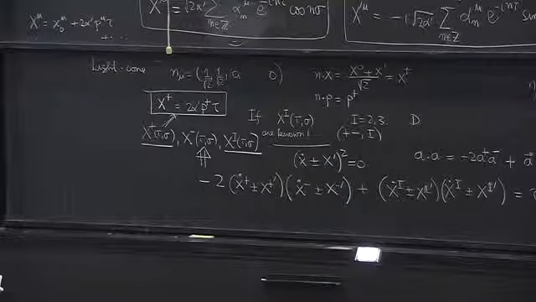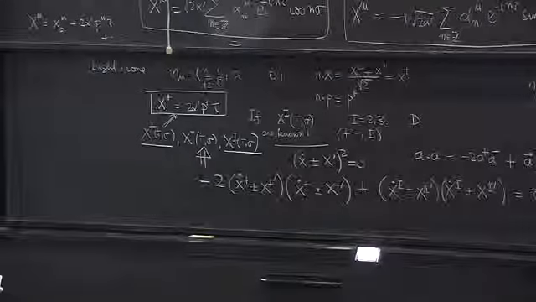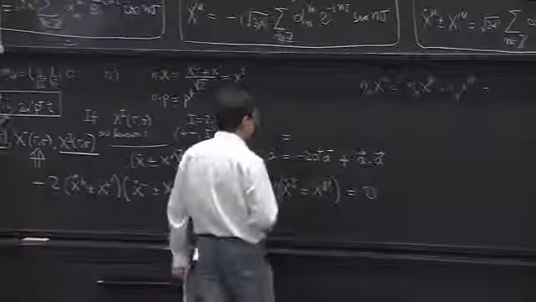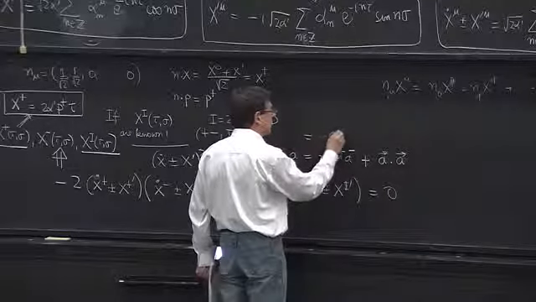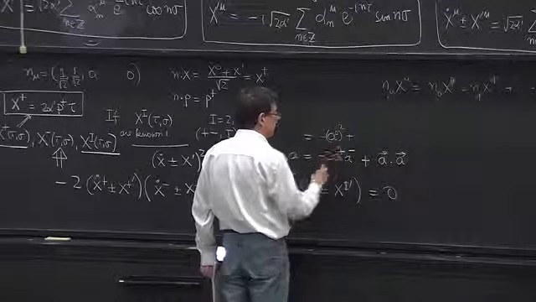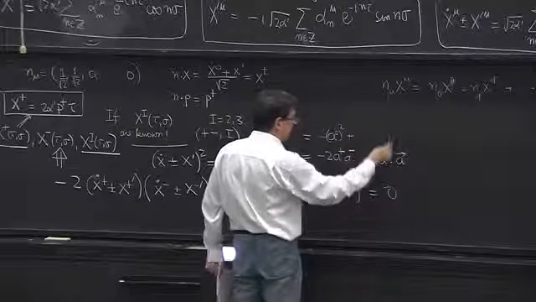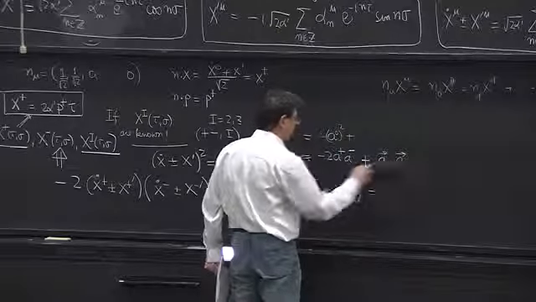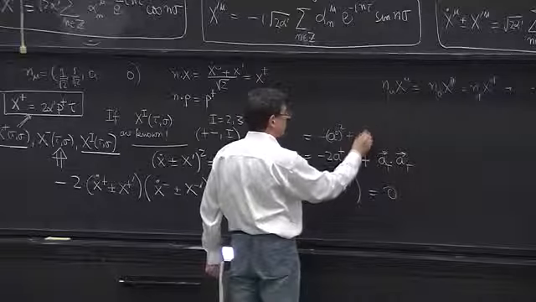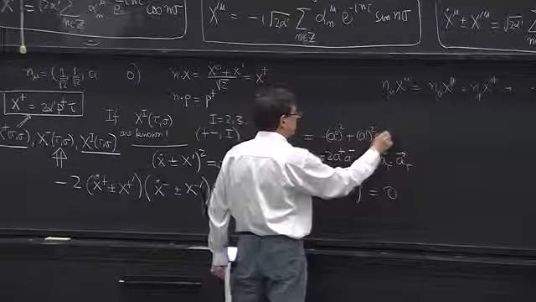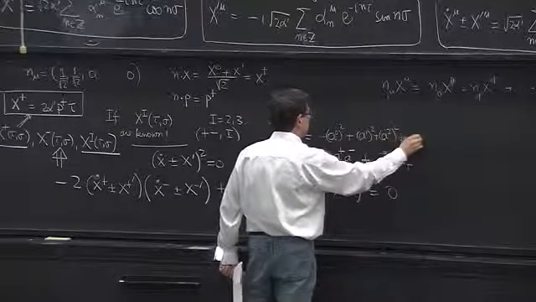Now, I want you to realize why light cone is so powerful. If you had worked this in conventional Minkowski coordinates, this would be minus a0 squared plus the transverse vector from components 2, 3 to infinity, plus a1 squared plus a2 squared plus all these things.